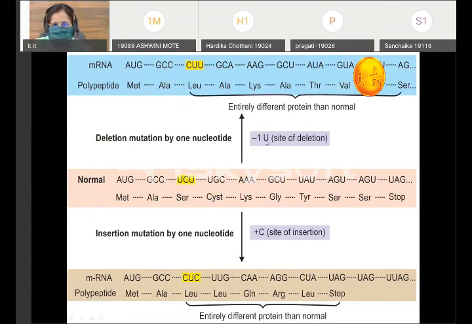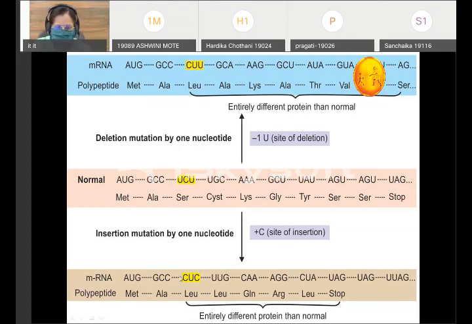With the deletion of one uracil, one nucleotide, the entire frame of reading is shifted and changed. So an entirely different protein molecule is synthesized. This is the case of deletion. If you see the case of addition in the lower part of this diagram, if one cytosine base is added over here, this again leads to a shift of the entire frame of reading.